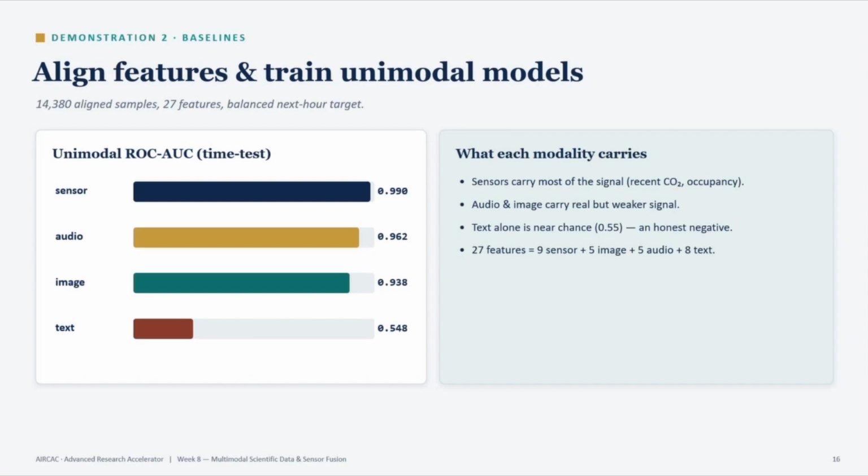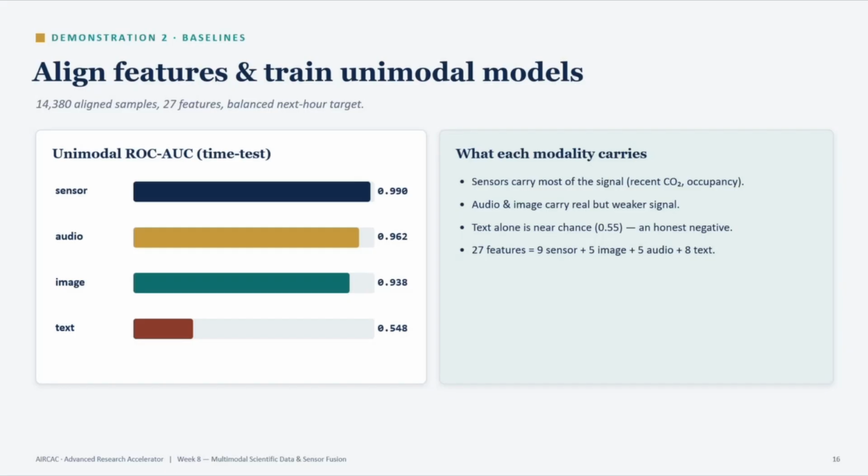The other one, the audio, 96%. These are separate models that we train, and then we align the models. We have 14,380 aligned samples, 27 features, and the balance of the next target.